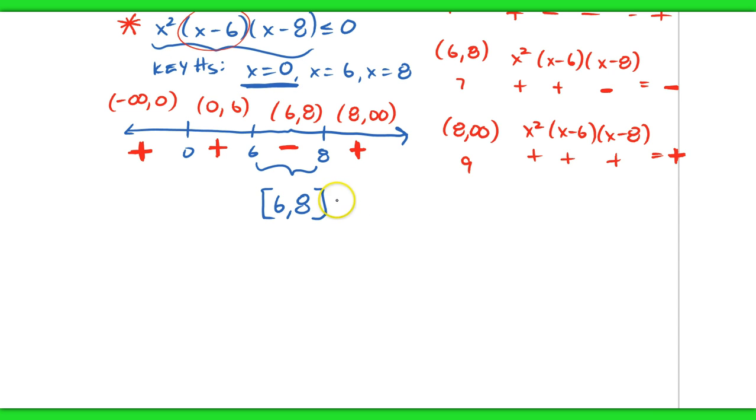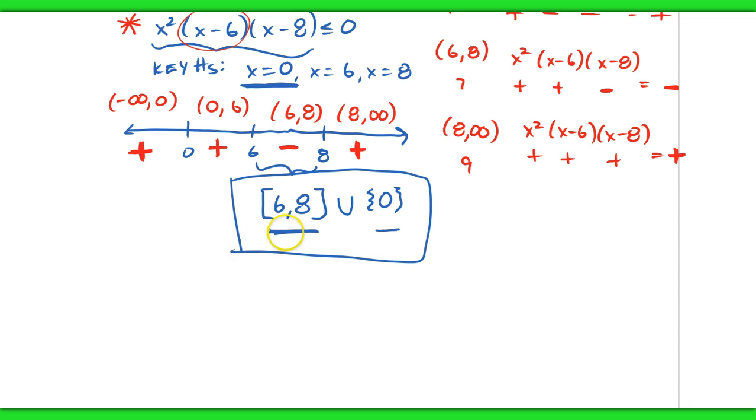So it's the union with just one number in the set, just 0. So any real number in the closed interval from 6 to 8, union the one element x equals 0, makes our polynomial less than or equal to 0. This here would be my final answer, showing all cases in which this polynomial is less than or equal to 0.